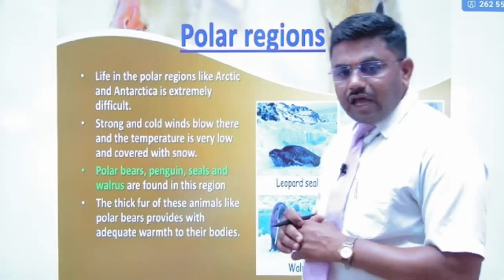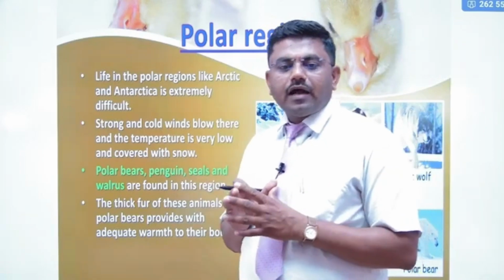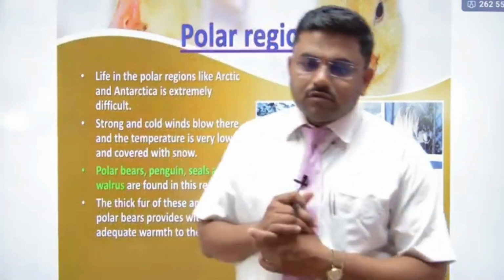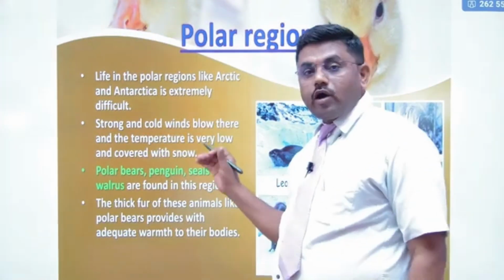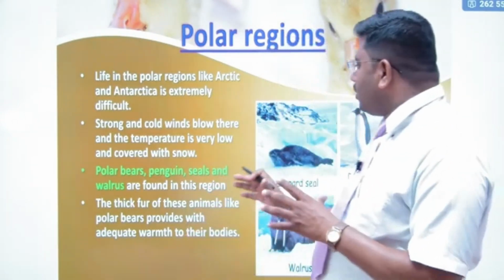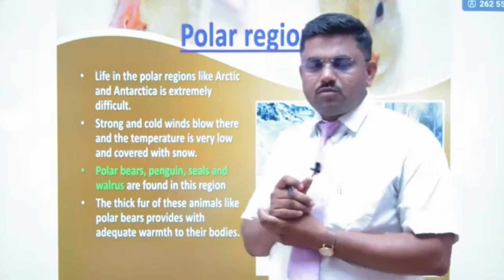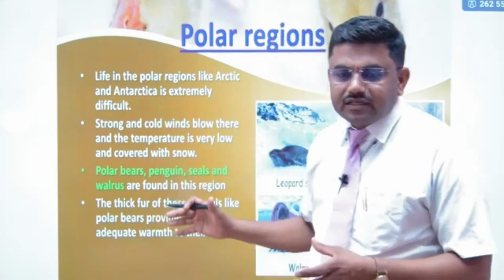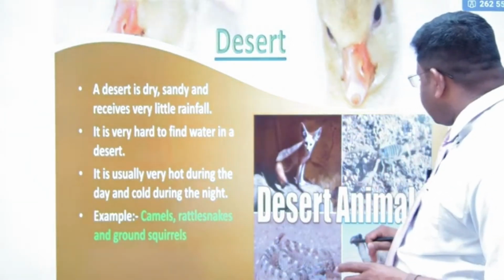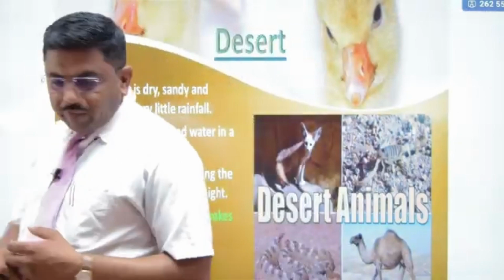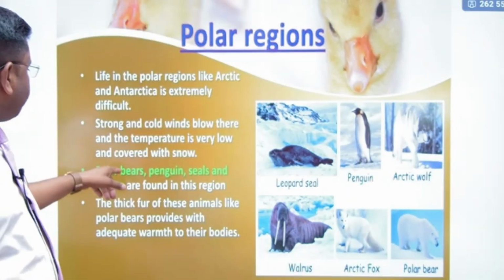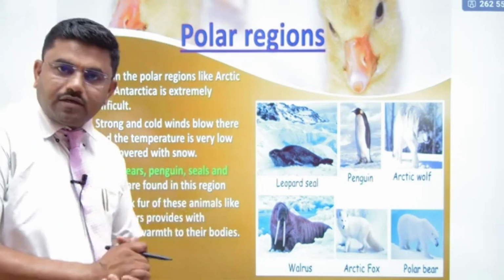Polar region: life in regions like the Arctic and Antarctica is extremely difficult. Strong and cold winds blow there, the temperature is very low, and it is mostly covered with snow and ice. Polar bears, penguins, seals and walrus are found in this region.